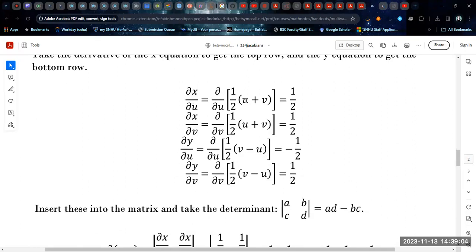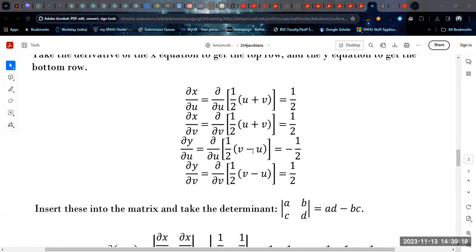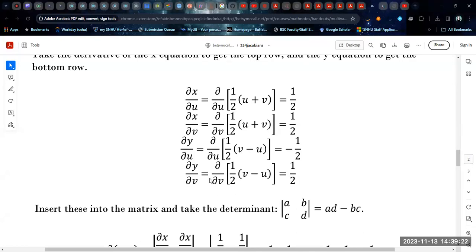So the derivative for x in terms of u is going to be 1/2. The derivative of x in terms of v is also 1/2. The derivative for y in terms of u is negative 1/2 because of this negative sign here, but the derivative for y in terms of v is only 1/2 again.